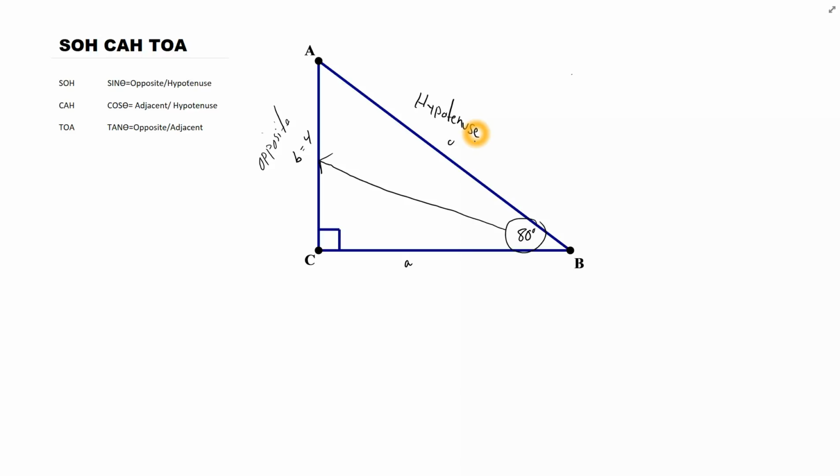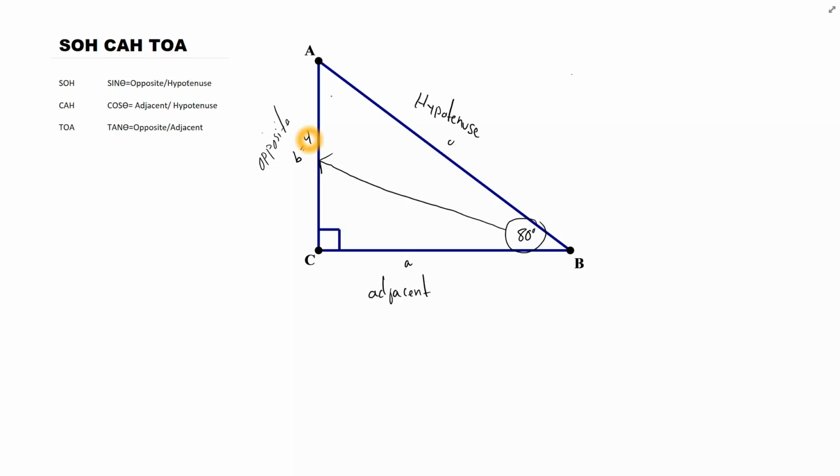So our adjacent is going to be lowercase a. And that is only when we're talking about this angle here. If we're talking about this angle, the opposite side would be a, the adjacent side would be 4, and the hypotenuse would still be the same.